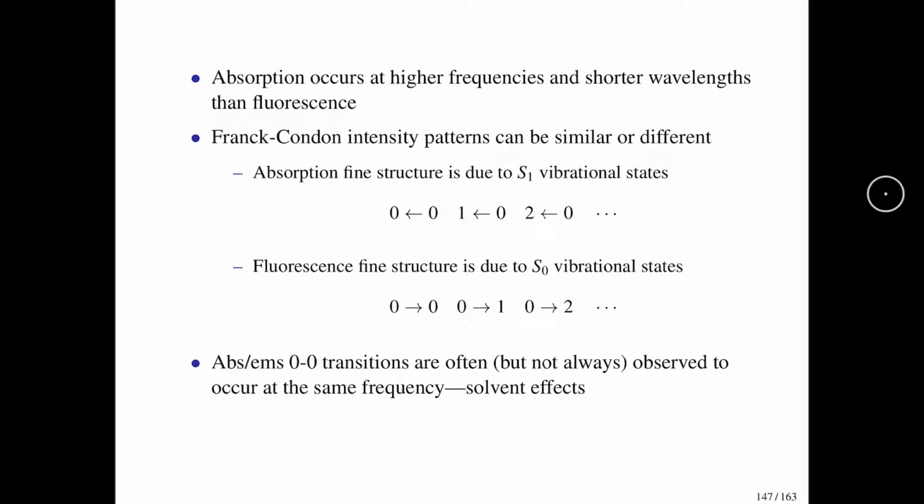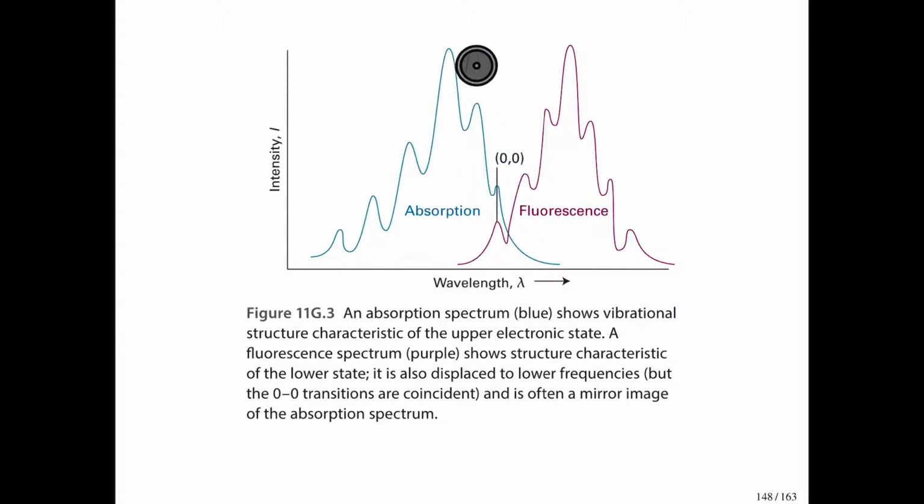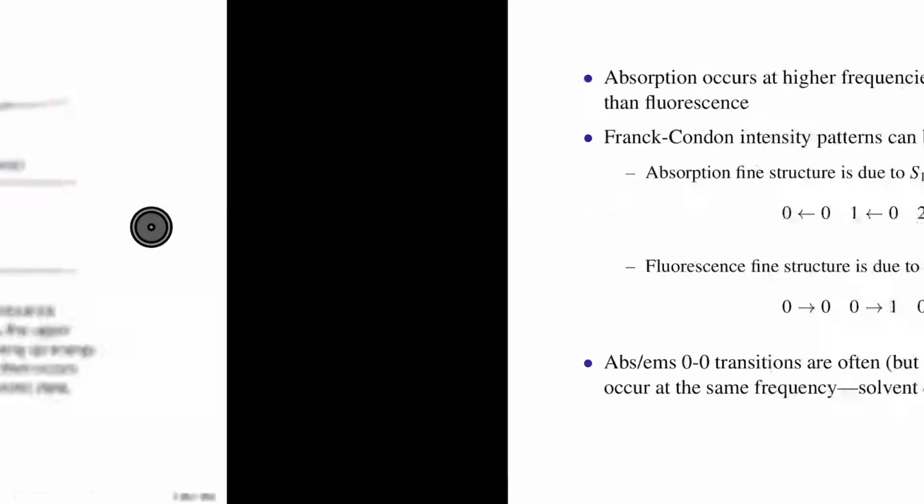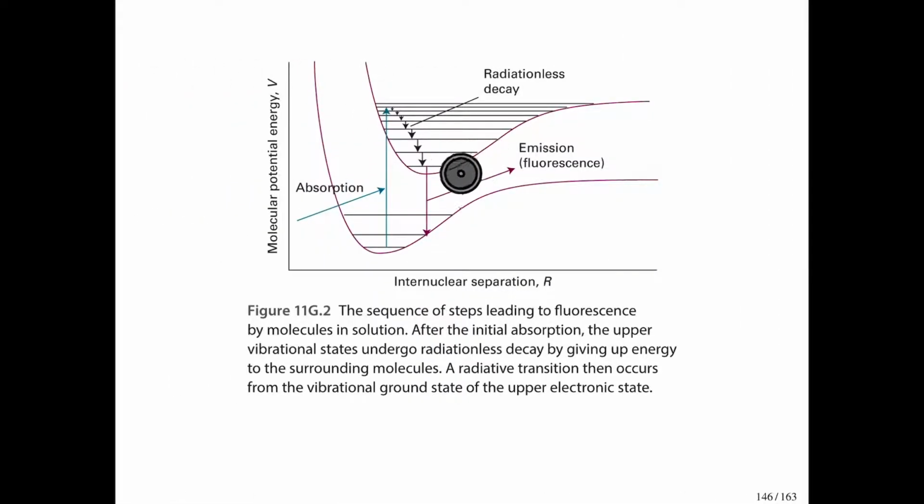In this example, the pattern that you see is basically symmetric between absorption and fluorescence. And that's indicative of the excited state geometry being very similar to the ground state equilibrium geometry. That is, the shape and position of the excited state potential energy curve relative to the ground state curve would be more or less the same.